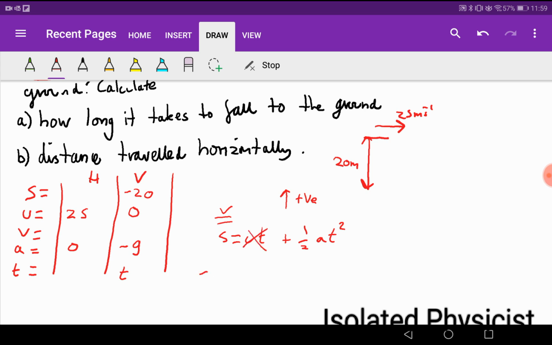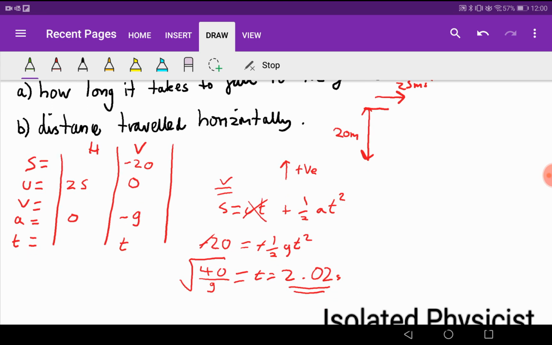So we've got minus 20 equals minus a half gt squared. Negatives cancel, we've got the square root of 40 over g equals t. I get the answer of 2.02 seconds, which I can go ahead and put in here.